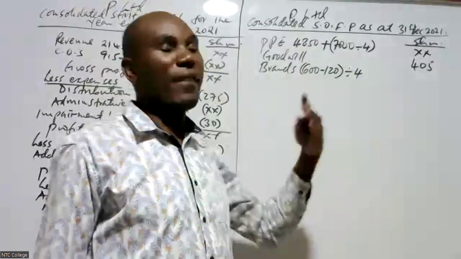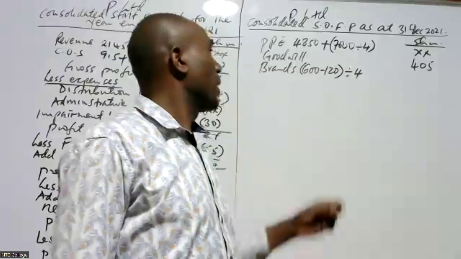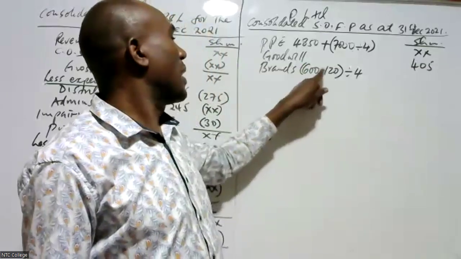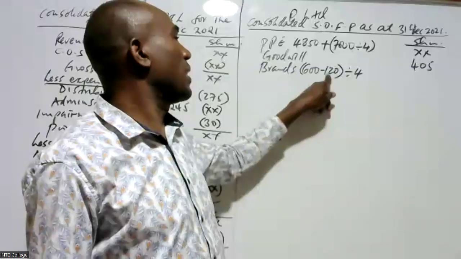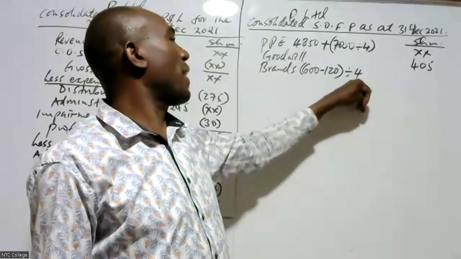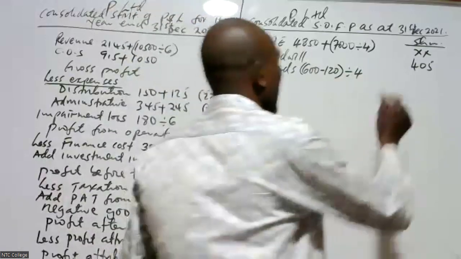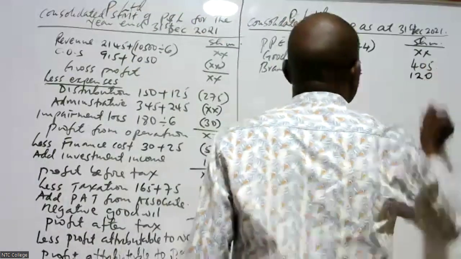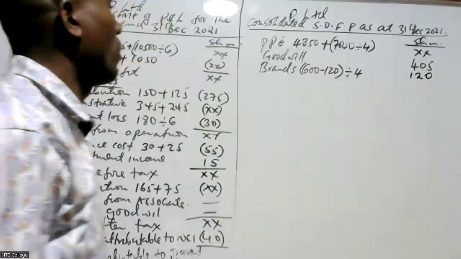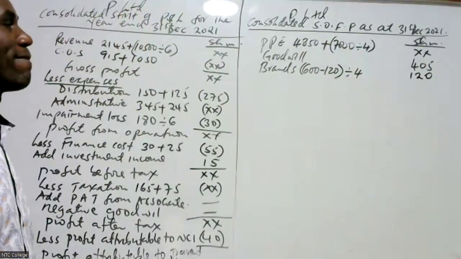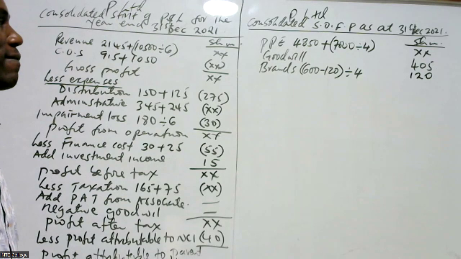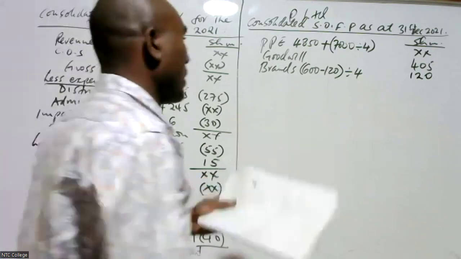There was a fair value adjustment on brands, where we had 600 and amortization was 120. You subtract first, then you divide by 4, and you are going to get 120. Then nothing else.